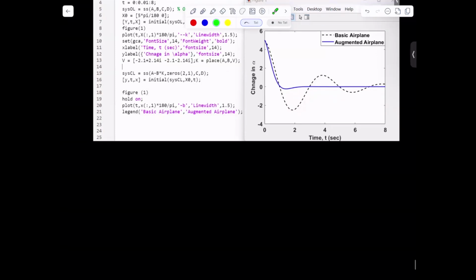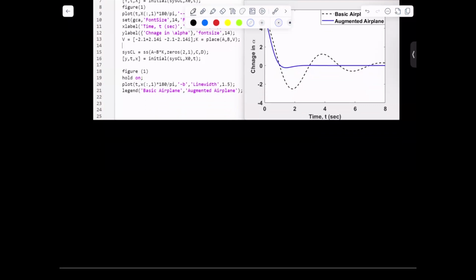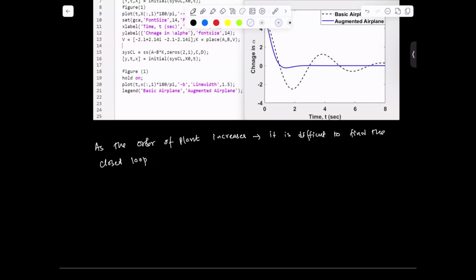So if I write here, as the order of the system increases, it is difficult to find the closed loop gains of the closed loop system.